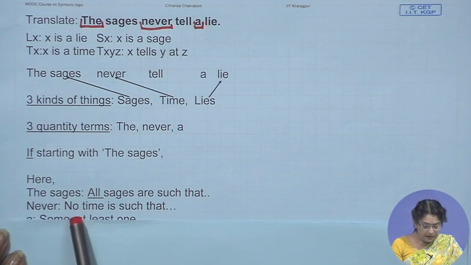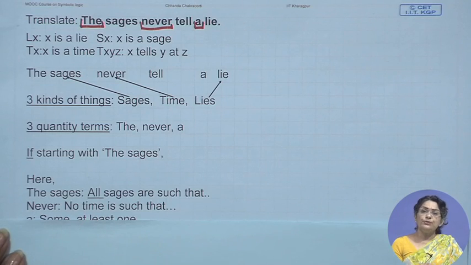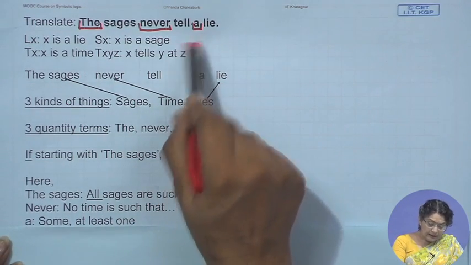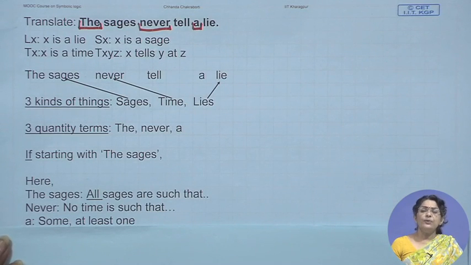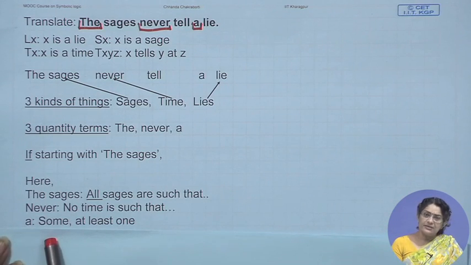So even here you have a reference to a universal quantifier. And then a lie. How many lies do you want the sages to be telling? Not even one. Okay. So, a here is at least one or some.